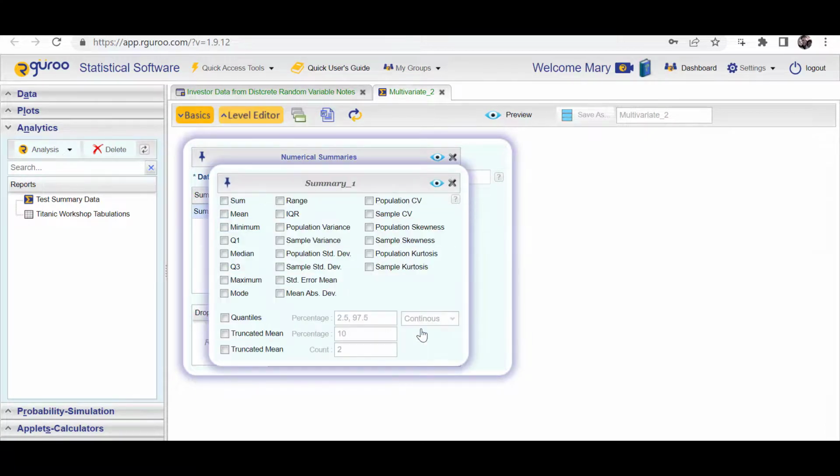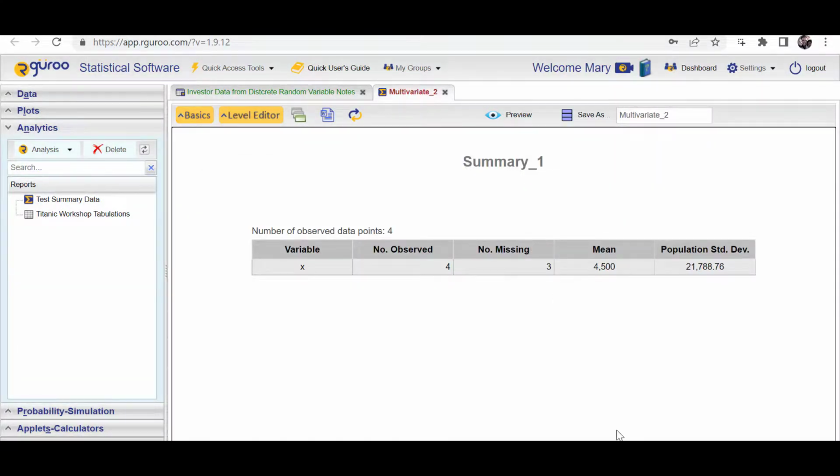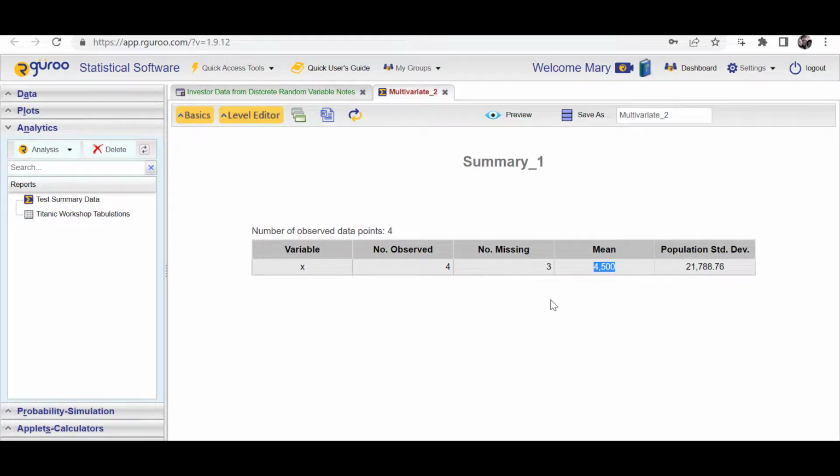And then click univariate, and I'm going to just click mean. That is going to be, the mean number will be my expected value, or the mean of the random variable, and then population standard deviation. So if they ask you for standard deviation, click population here, not sample. And here we go, 4,500 is your expected value. Okay, and that's all there is to it.